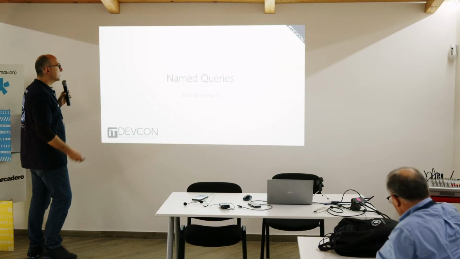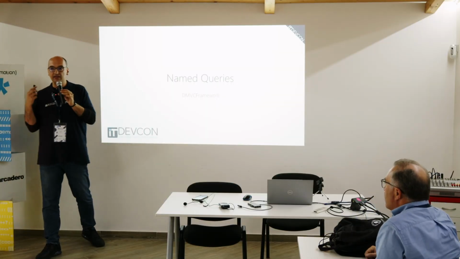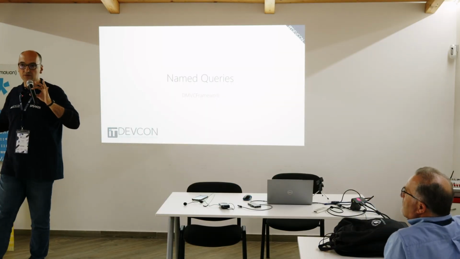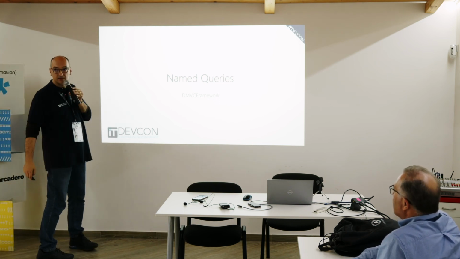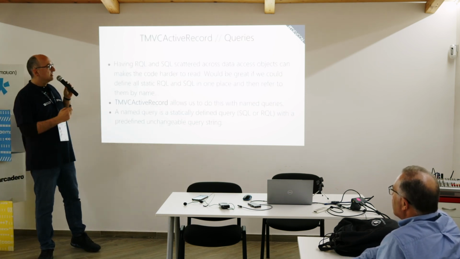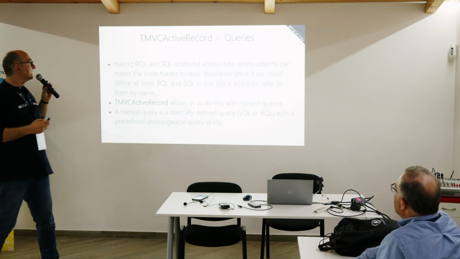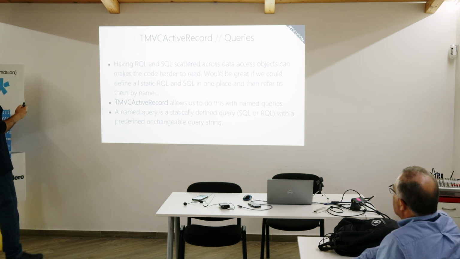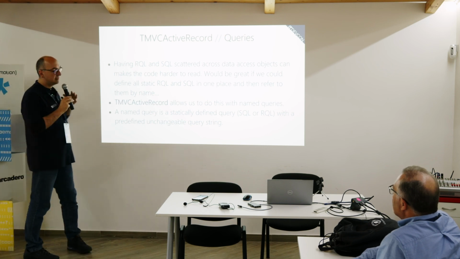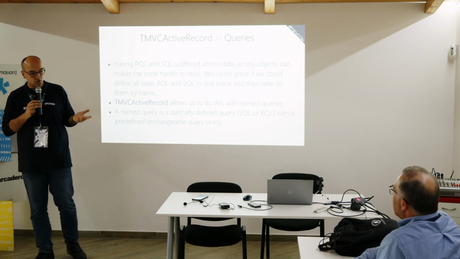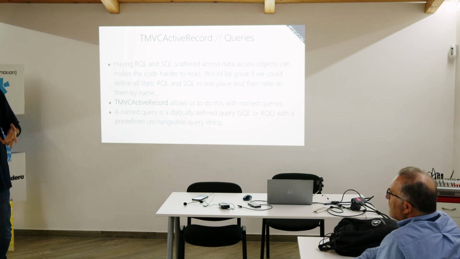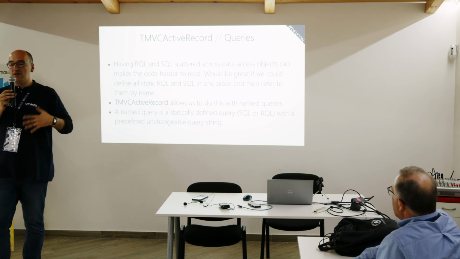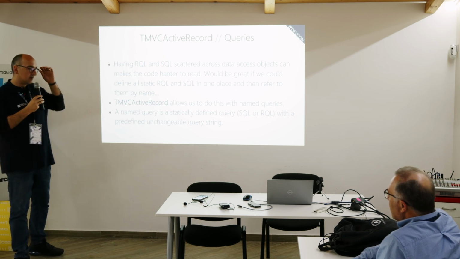Okay, let's talk about the next big thing in DMVC Framework 2023, which is named queries. Having RQL or SQL scattered around in your code is not a good thing.